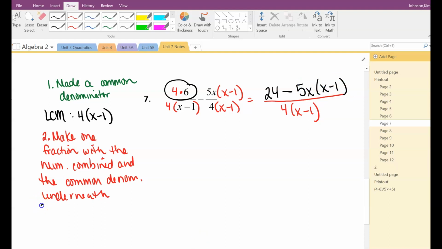Okay, now I'm going to go ahead and simplify the numerator and identify my restrictions from the denominator.